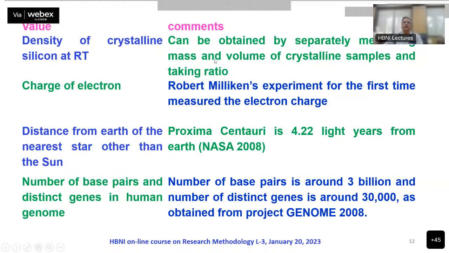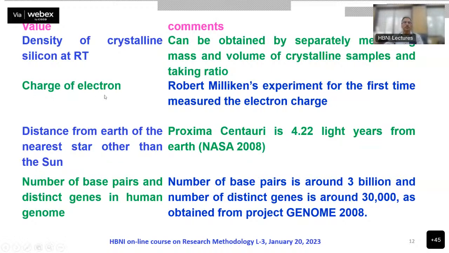When you measure the mass of a sample and its volume, you will find that there will be associated uncertainty in the measurement of mass and volume. And when you take the ratio to get the density, the errors will add up. So when you finally quote density rho, let us say 1.5, it will always have a plus minus something. So whenever you are quoting an experimental value, always quote the uncertainty on that value.